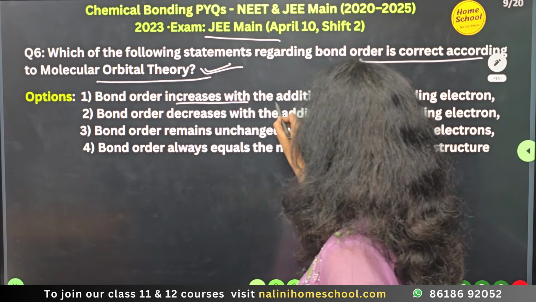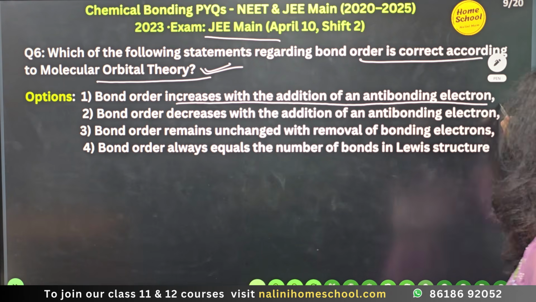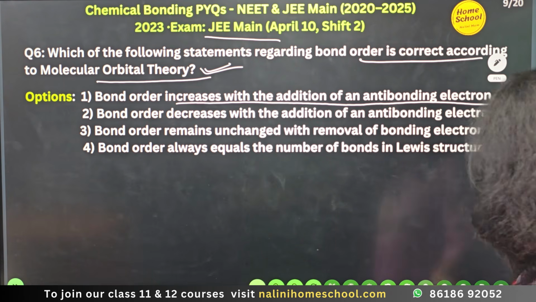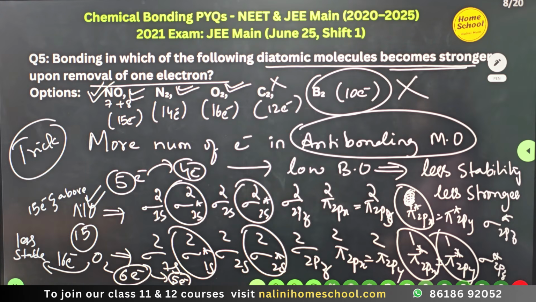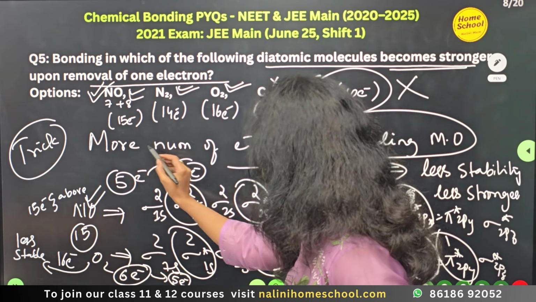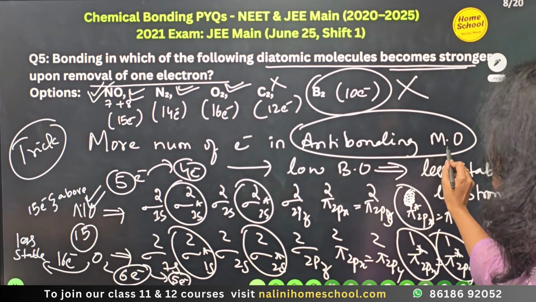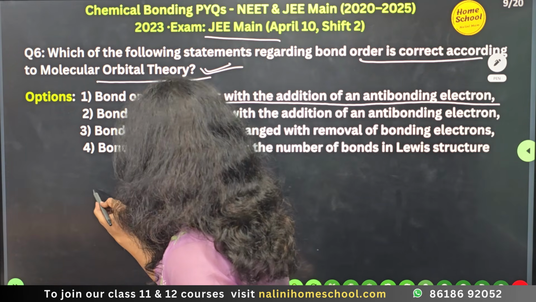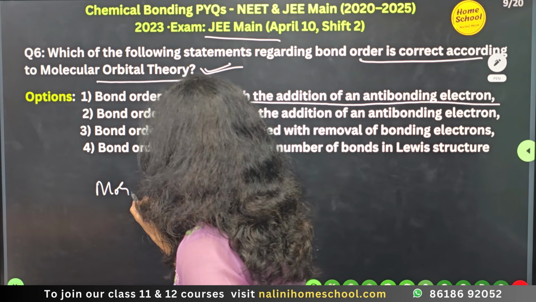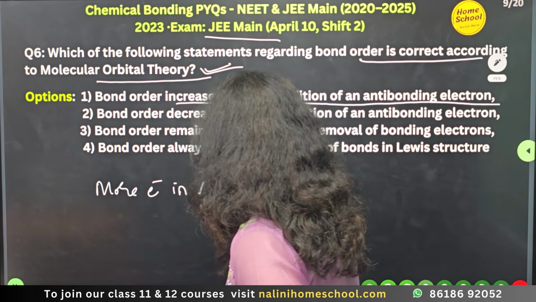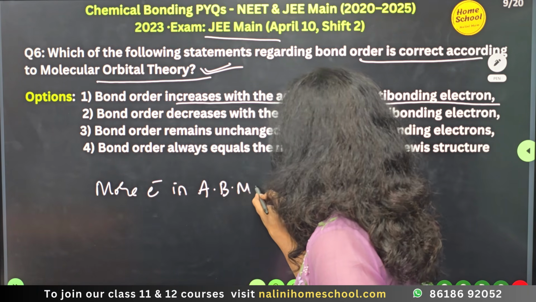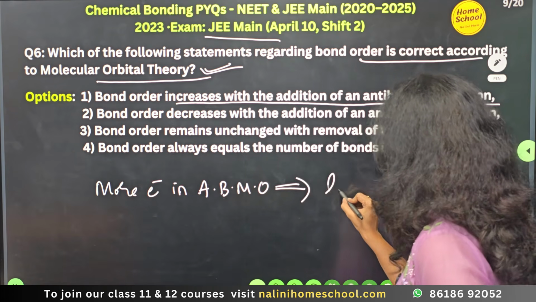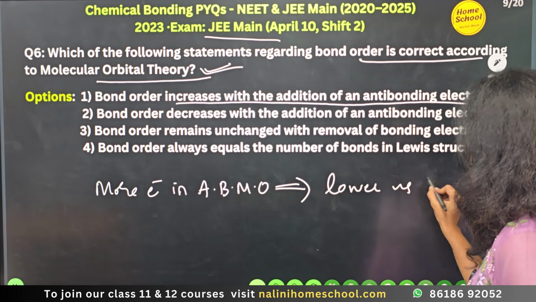Bond order increases with addition of anti-bonding electrons. Just now in the previous question I have given the trick. The more the number of electrons in anti-bonding, the lower the bond order. More electrons in anti-bonding molecular orbitals, lower is the bond order.